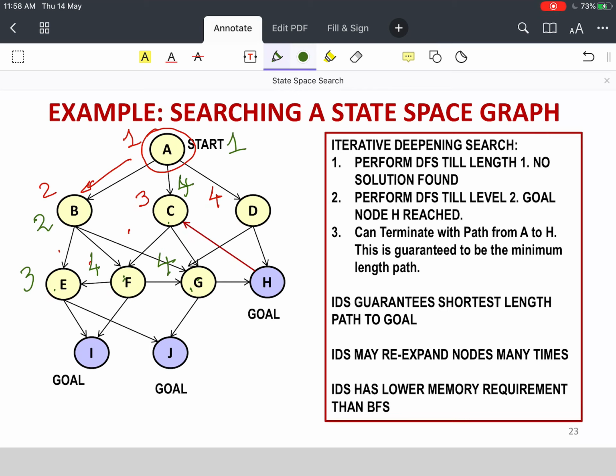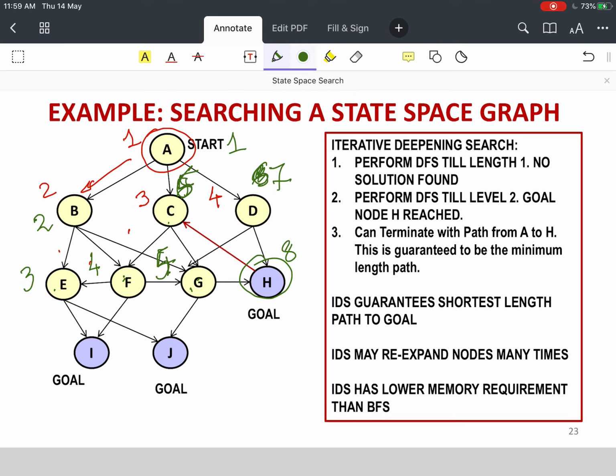It may do it again, it may not, depending on the algorithm. Then it will come to node D and expand this as the 6th node. This was 4, this was 5, this was 6, this will be 7. From D, again it will go to G, which is already done, and this node, and finding this as the goal, it will terminate.